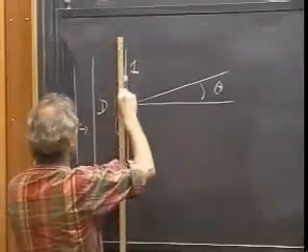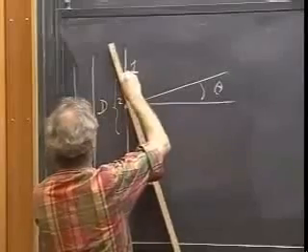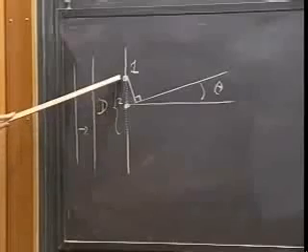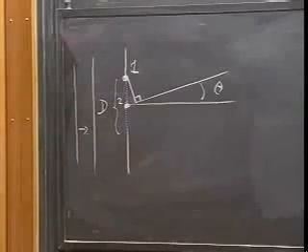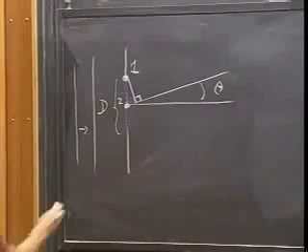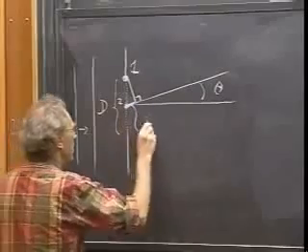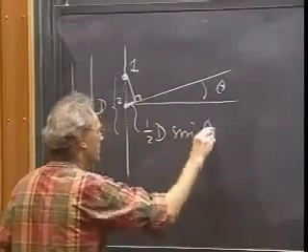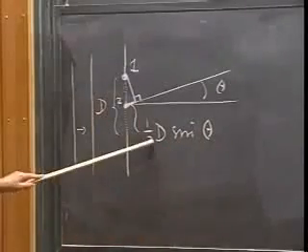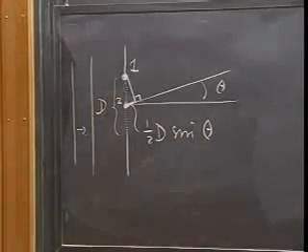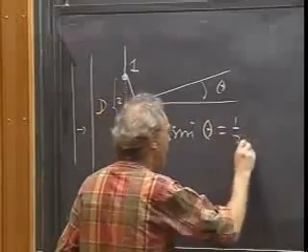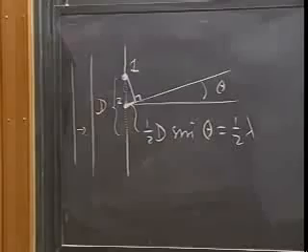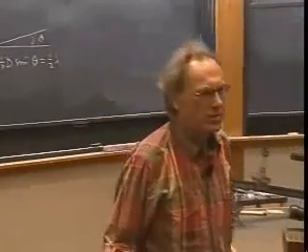So now I can calculate what the path difference is between the Huygens source right in the middle and the Huygens source right in the top. Well, this path difference here is clearly 1/2 d times the sine of theta. We did that before. We had a little d here. If I make that 1/2 lambda, I claim that in that direction there will be darkness.